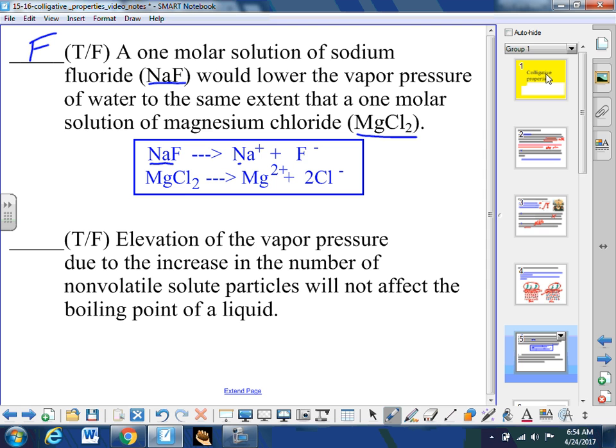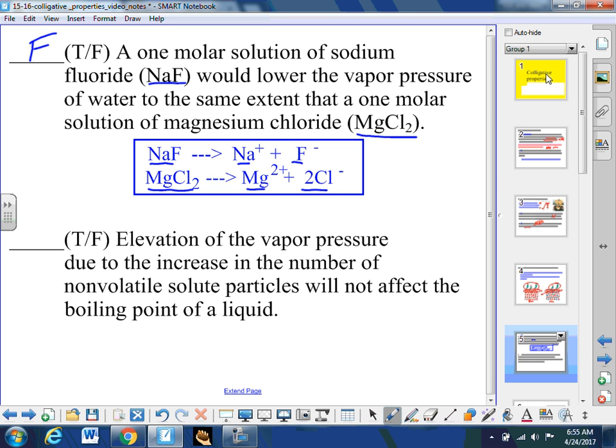Sodium fluoride will form 2 particles. Magnesium chloride will form 3 particles. Forming 3 particles is going to lower the vapor pressure, lower the freezing point, raise the boiling point more than just 2 particles.